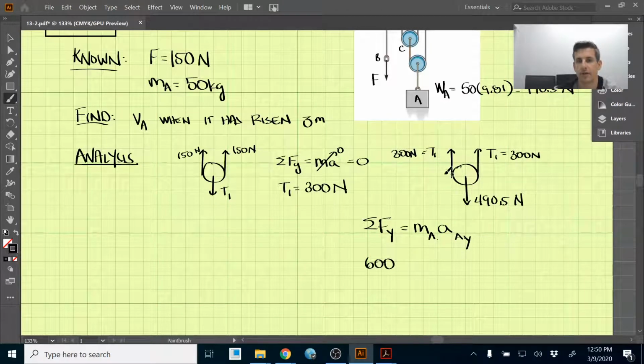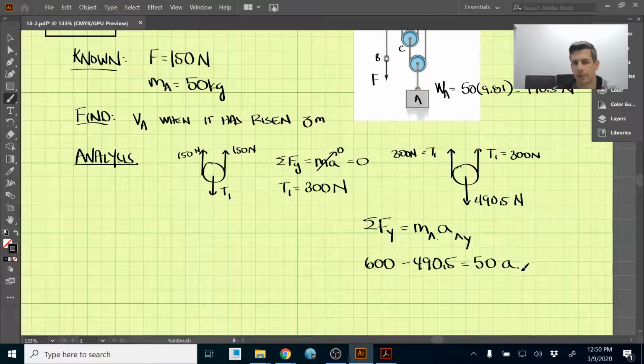We have 600 upwards, 300 and 300, and we have 490.5 in the negative direction, and that is equal to the mass of A, which we already know is 50 kilograms, times the acceleration in the y direction.